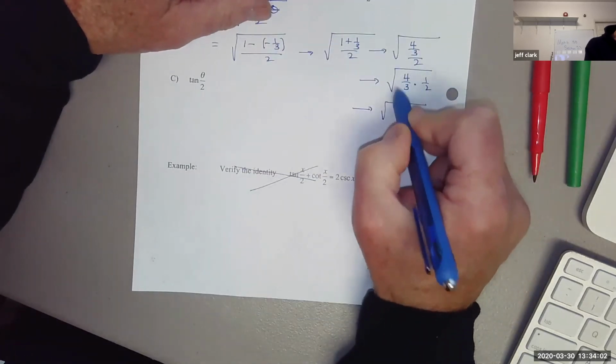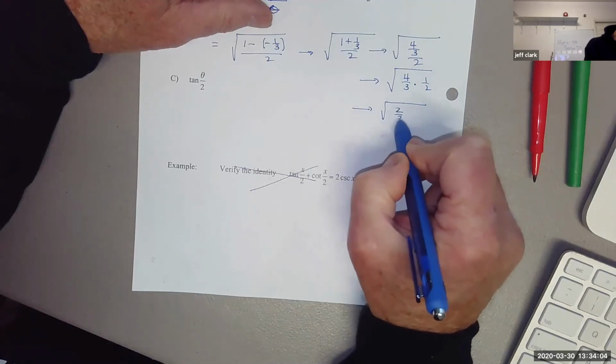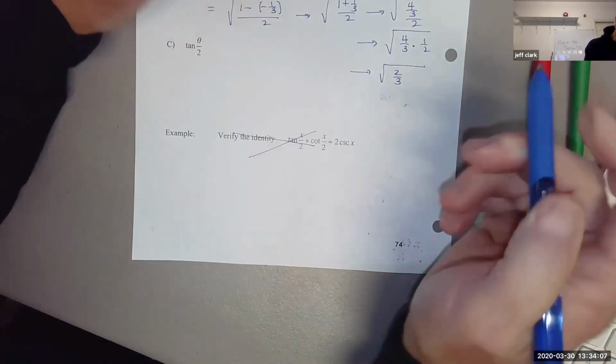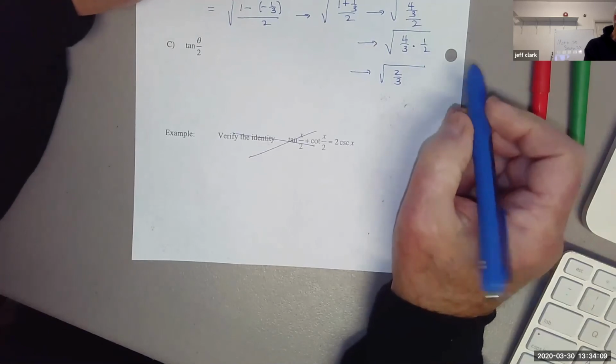Gosh, the 2 and the 4 go away, so that's 2/3. And that's it, square root of 2/3. That works.